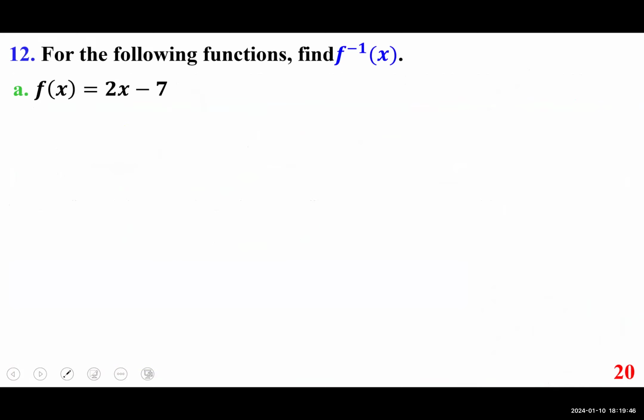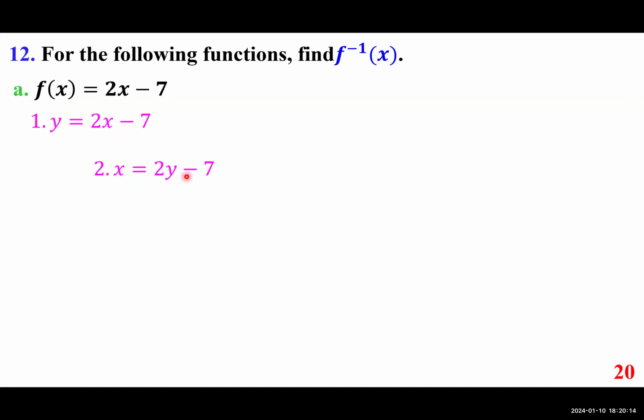All right, we want to find f inverse, the inverse function, and what is the process. Number one, we're going to change this to y because it makes life easier. That's the only reason. Number two, we are going to interchange x and y. And at this step, we do have the inverse function. However, we don't leave it like that.